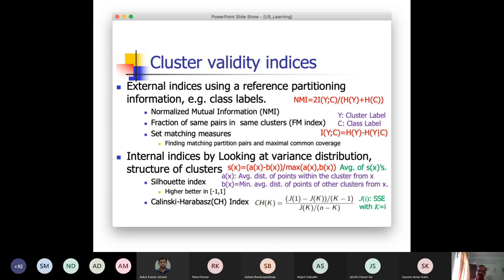So k equal to 1 is basically, as you can see, a centrality measure. Its sum of square of error is effectively the variance measure there, of course, in the context of distances.